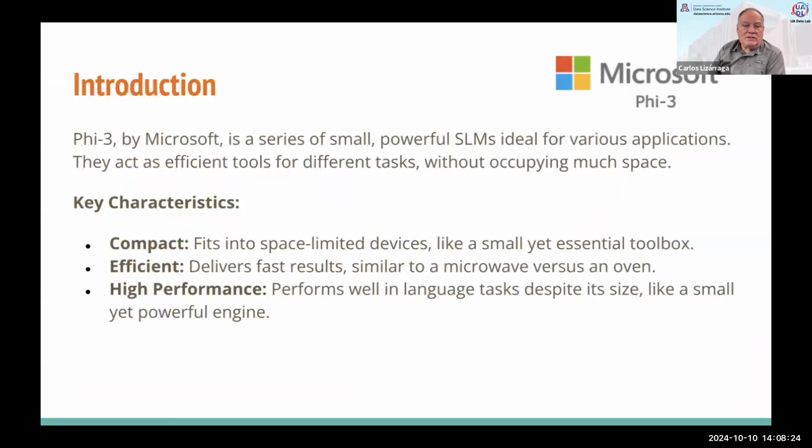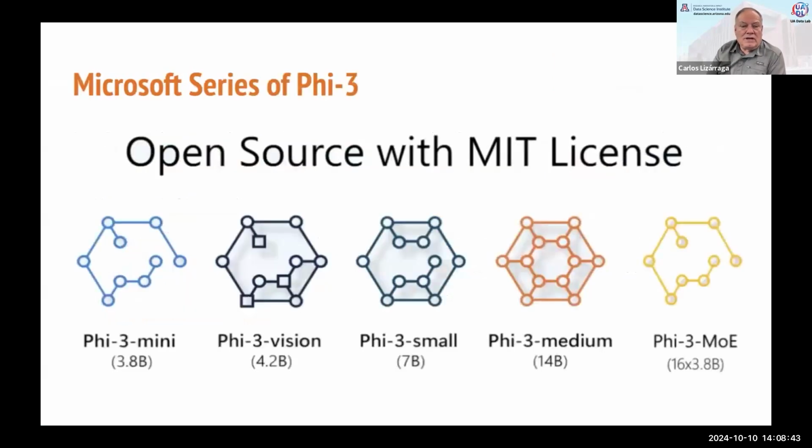So in the case of Phi-3, which is a collection of small language models developed by Microsoft, the key characteristics are being compact, efficient, and high performance, as we just mentioned. Microsoft has a series of small language models, Phi-3, so you can find the Phi-3 Mini, the Phi-3 dedicated to vision, the Phi-3 Small, the Phi-3 Medium.